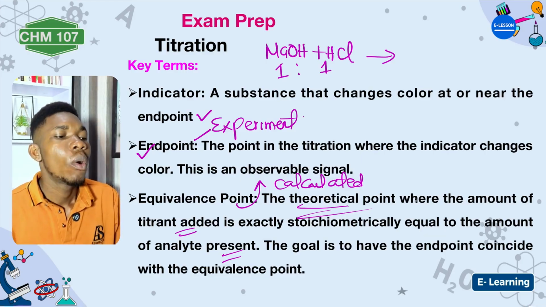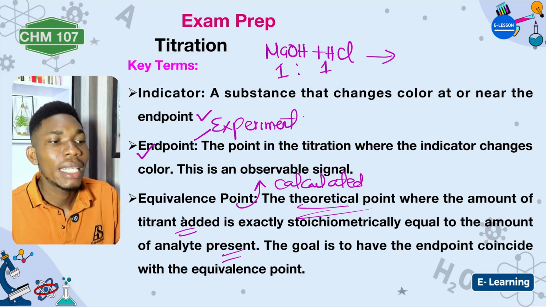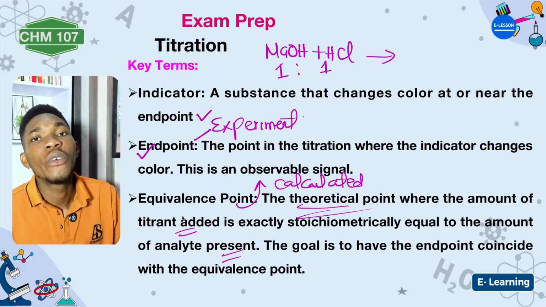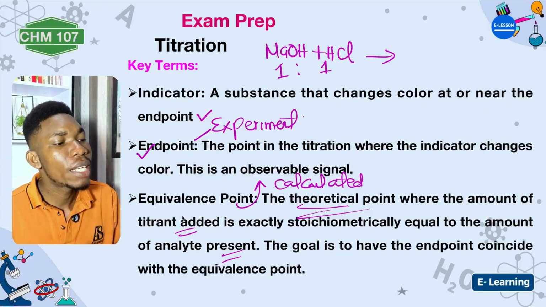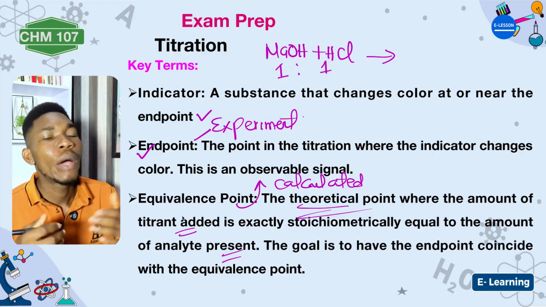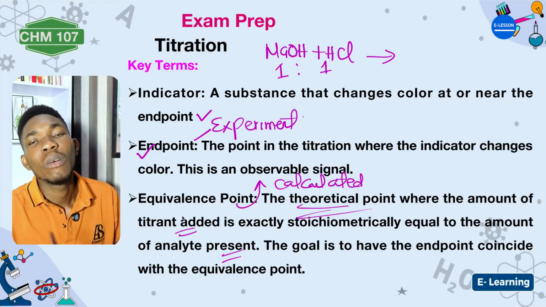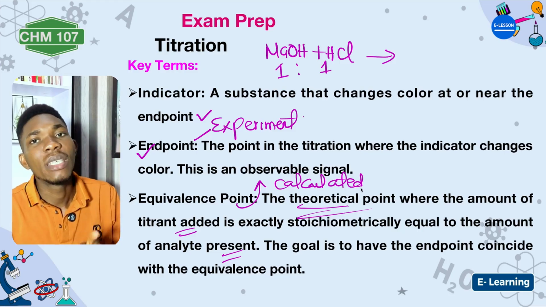Are you getting it now? The equivalent point is the true point that you calculated, at which the reaction must have come to completion. But it's quite different from the endpoint, because the end point is what the experiment tells you, while the equivalent point is what you just calculate normally.